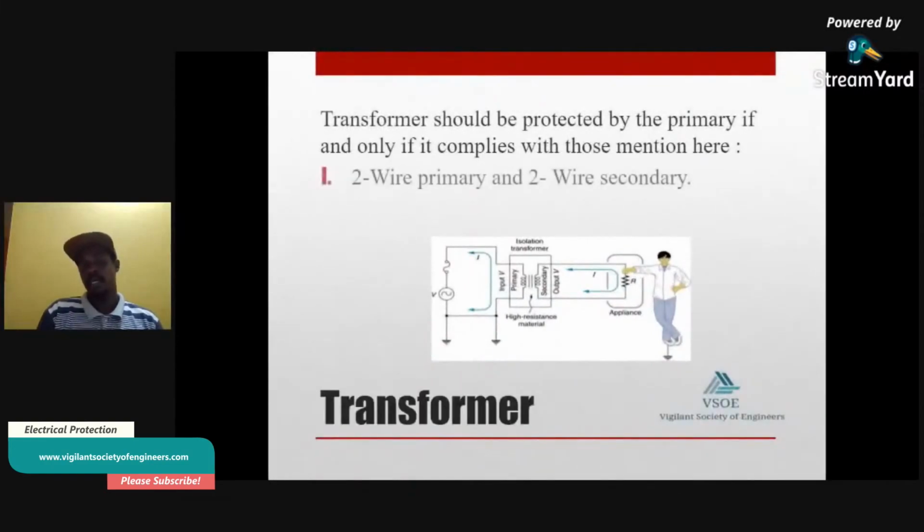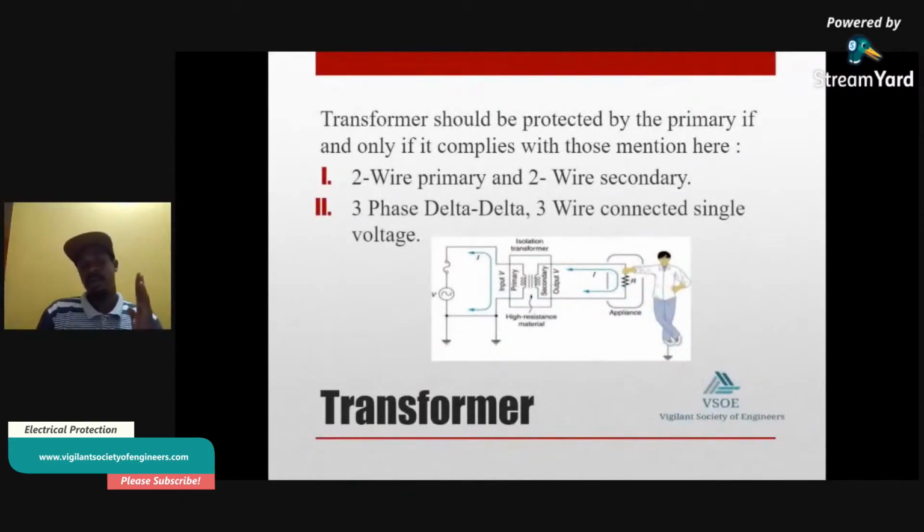And for primary protection, you need a delta or the 2-wire primary and 2-wire secondary type transformer, right? So primary protection versus secondary protection, right? And the type of transformer that we're going to utilize determines the location of our overcurrent protection devices.